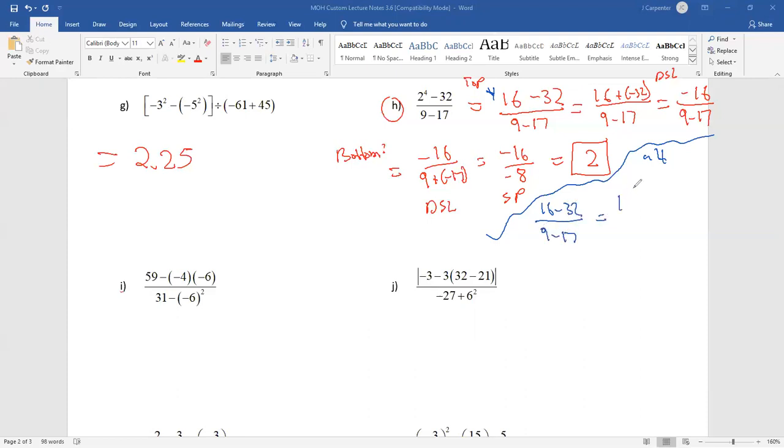Let's go ahead and change both of the subtractions to adding negatives. 16 plus negative 32 over 9 plus negative 17. The top, we know 16 plus negative 32 is negative 16. The bottom, 9 plus negative 17 is still negative 8, and that still gives us 2. So I don't care if you're doing the top and the bottom as separate entities or working them at the same time, because they won't affect each other.